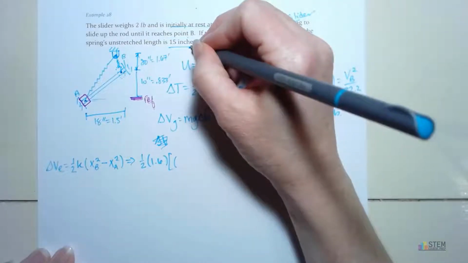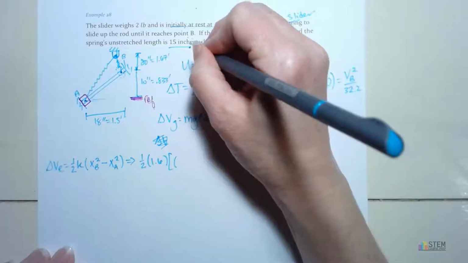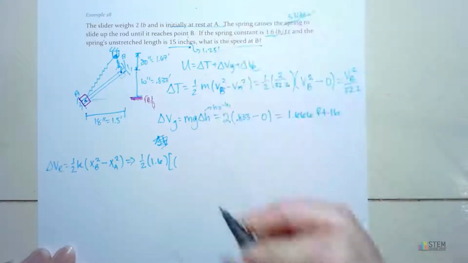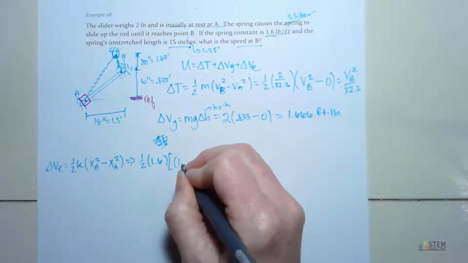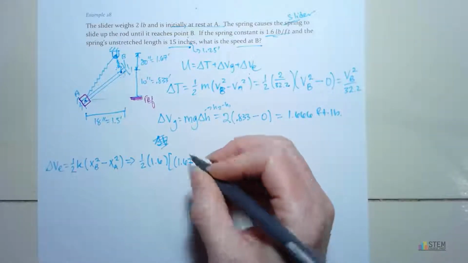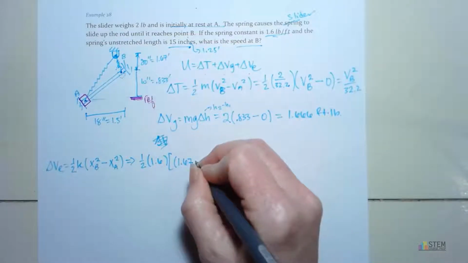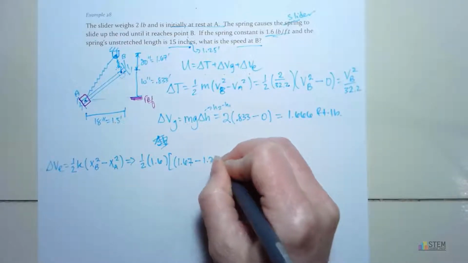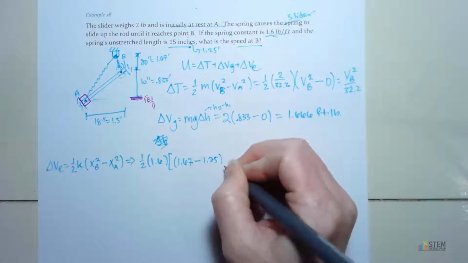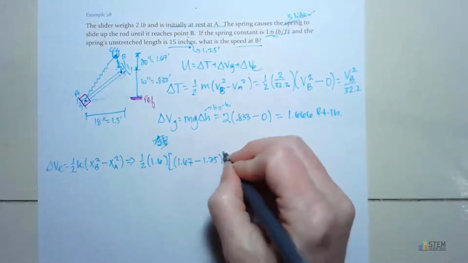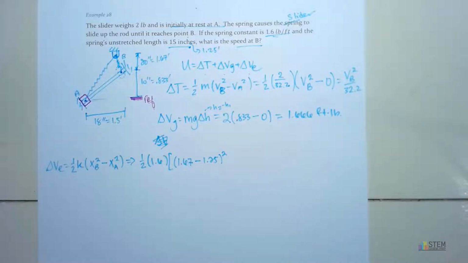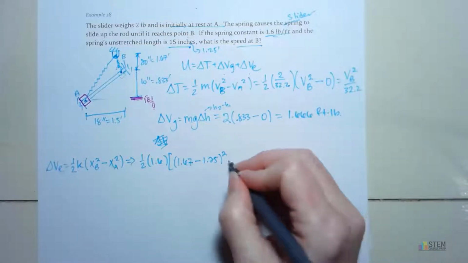And by the way, 15 inches is 1.25 feet. So we're going to have 1.67, because that's this length right now, minus the unstretched length. That tells us how much the spring is stretched, and then we're going to square it. Okay, so that's the first one.